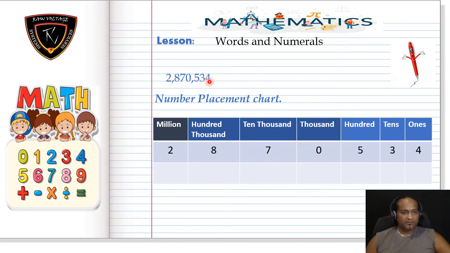So the 4 is 4 ones, the 3 is 3 tens, the 5 is 500, the 0 is 0,000, the 7 is 70,000, the 8 is 800 thousand, and the 2 is 2 million. This is how the number is written down. So if you draw the chart, you just place the numbers inside and you'll get the value of each number.